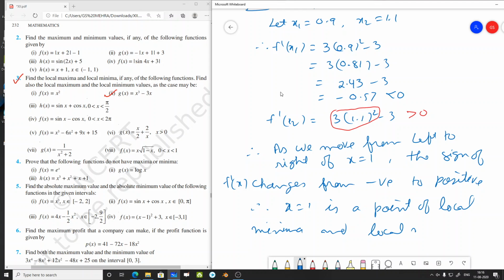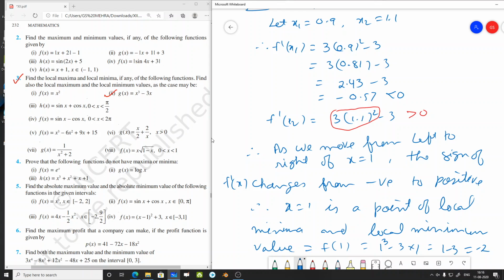The local minimum value will be equal to f of 1. So f of 1 equals 1 cube minus 3 into 1, that is 1 minus 3, which is equal to minus 2.